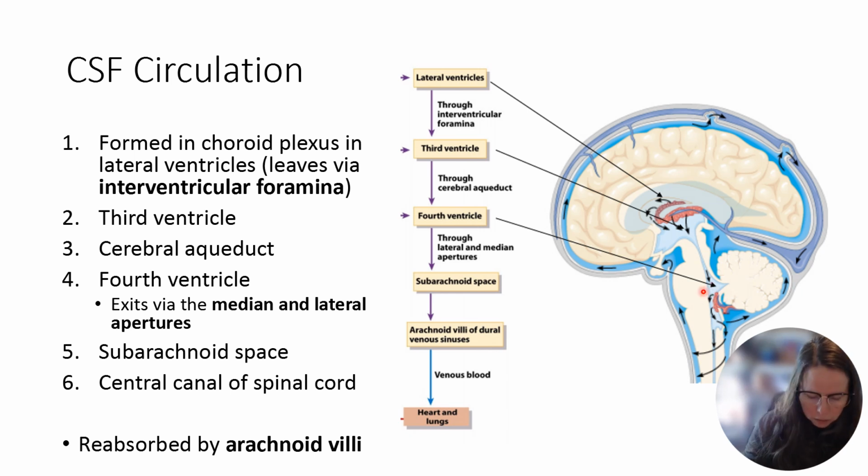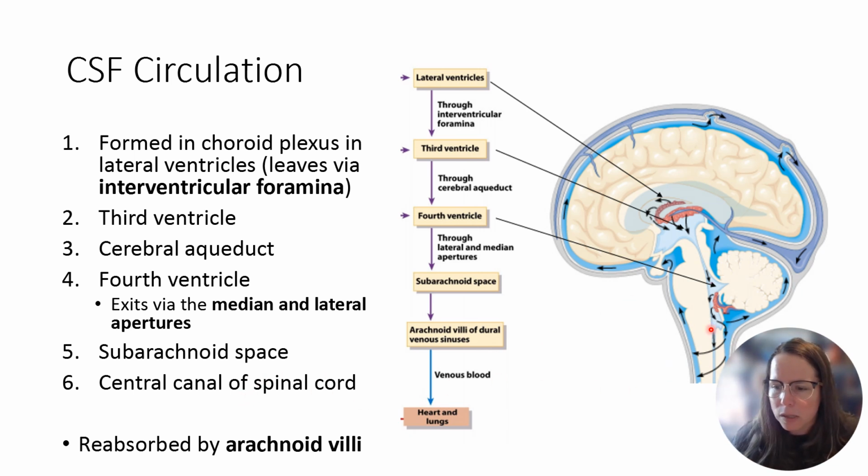Now from here, we can move into different places. So we can use the median and lateral apertures. So the median in the middle and lateral on the outside, apertures like an opening. So we use these openings to go out of the brainstem and go into the subarachnoid space. And we're also going to continue straight down through the central canal, the spinal cord.